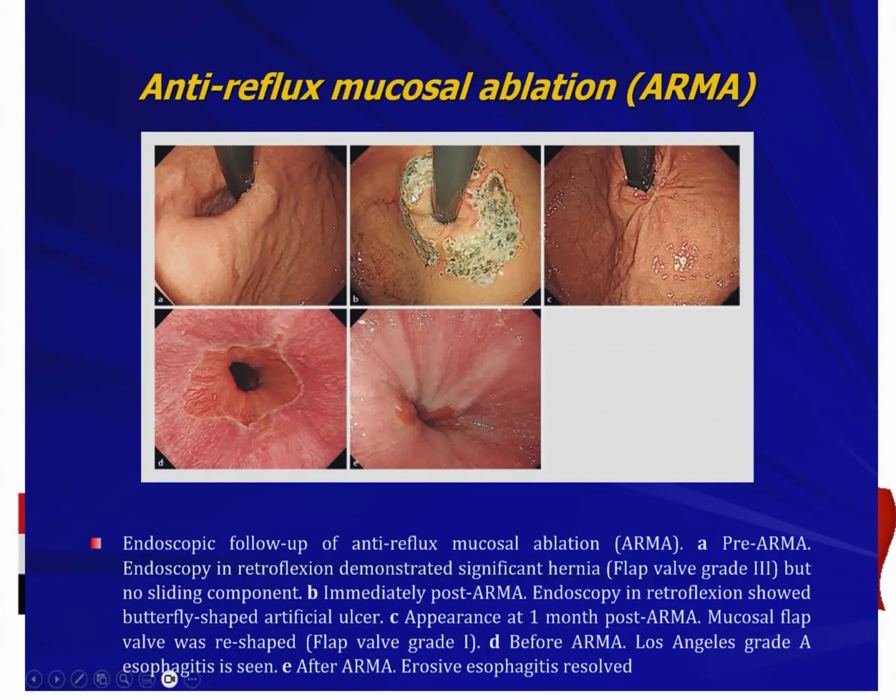This is the technique of ARMA, anti-reflux mucosal ablation. We can see here a patient with reflux, and this is the argon plasma applied, and we can see post-operatively the cardia is very nicely closed, and this is the picture after treatment.